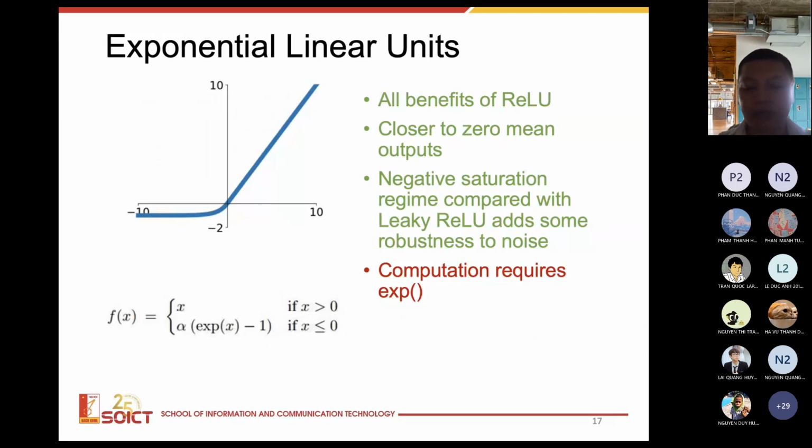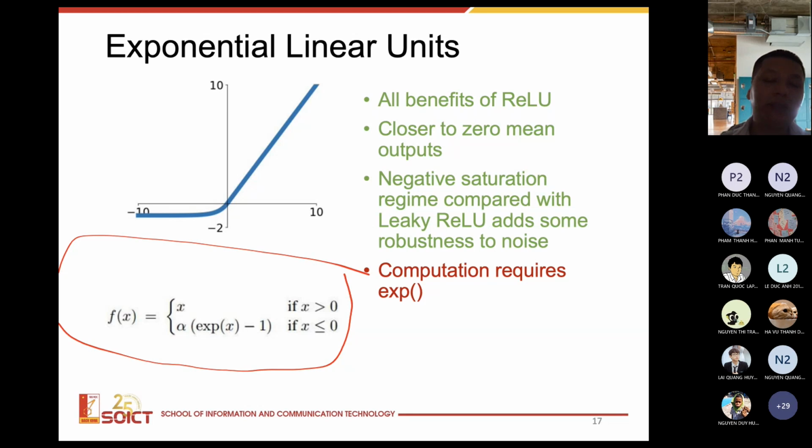We also have the exponential linear unit, and this is the formulation for the ELU function. It will equal x if x is positive, and equal alpha times exponential of x minus 1 if x is zero or negative, right?